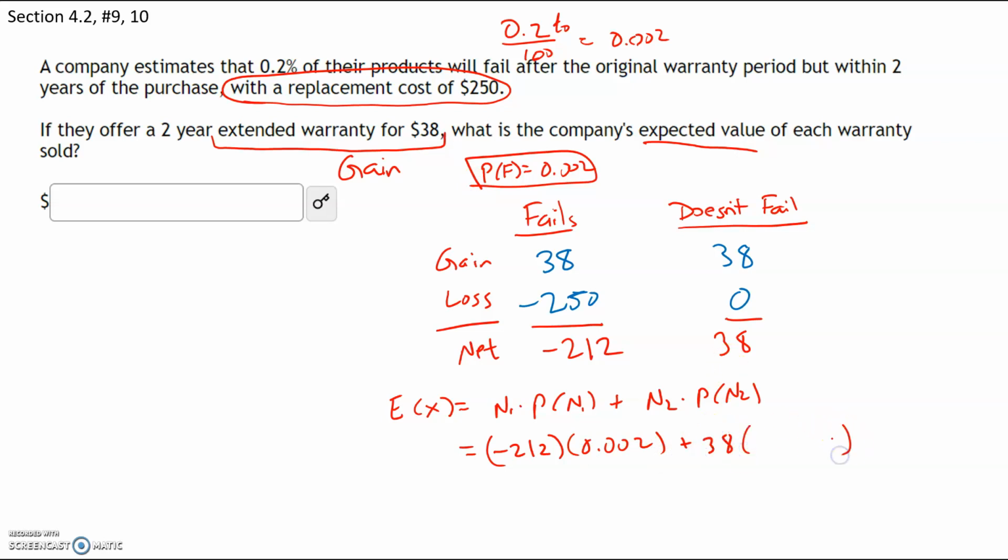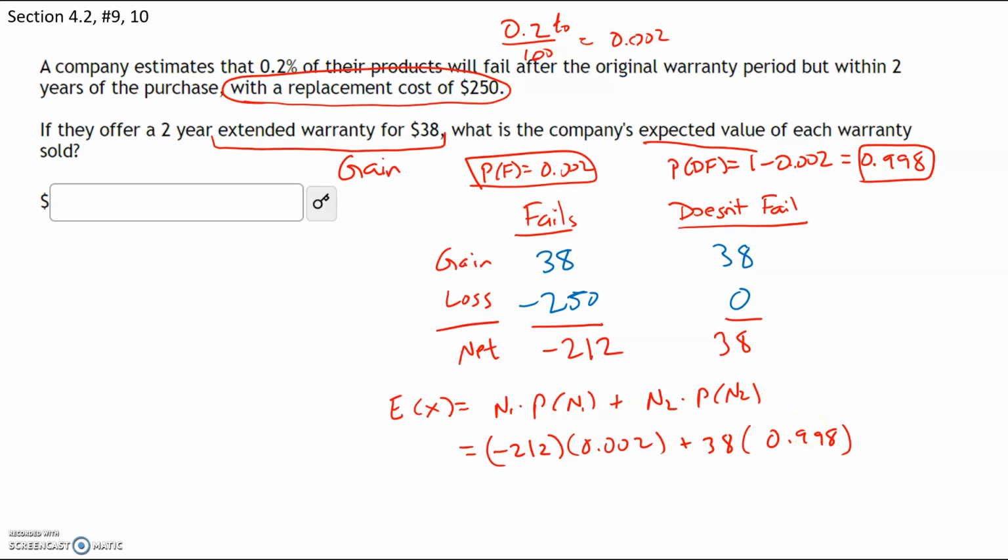The probability of that, so if 0.002 or 0.2% of products failed, all the other ones do not fail. So the probability of not failing is going to be 1 minus 0.002, which is 0.998. So 2 out of every 1,000 products fail, the other 998 do not fail.